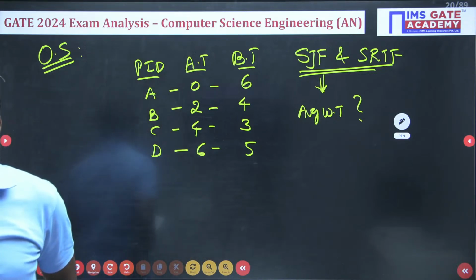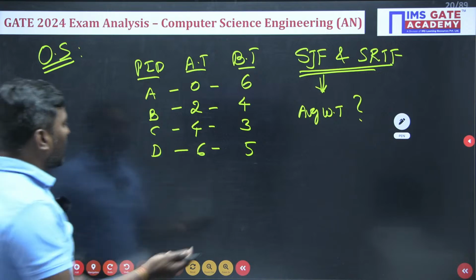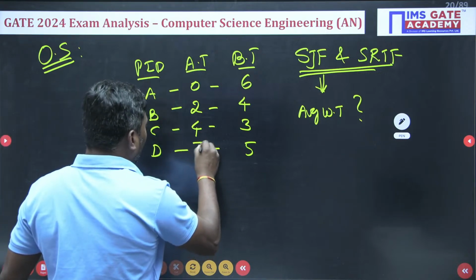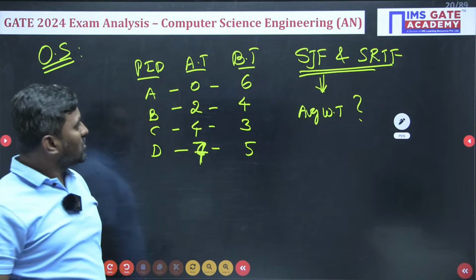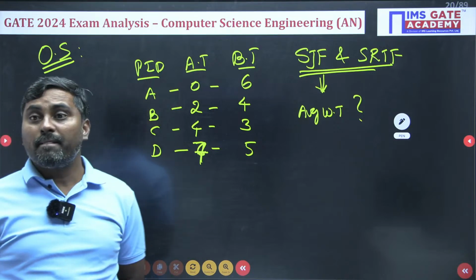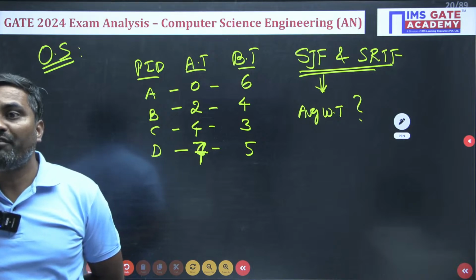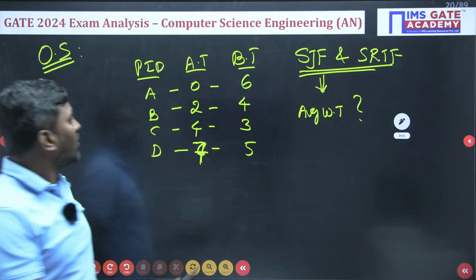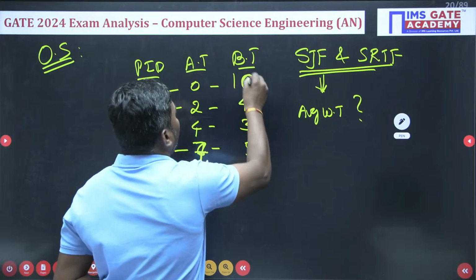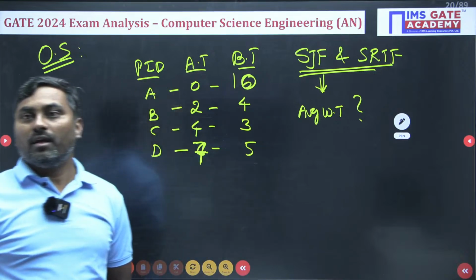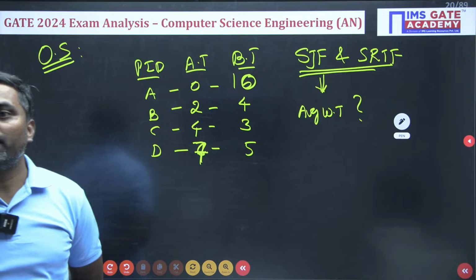Sir, D arrival time was 7. Okay, D arrival time was 7. And burst time of A is 10. Okay, burst time of A is 10. Any other things?